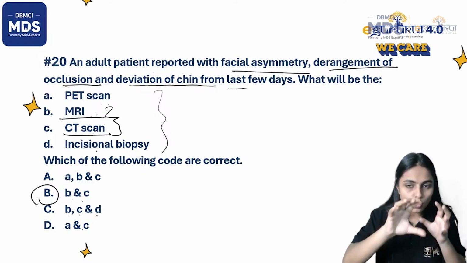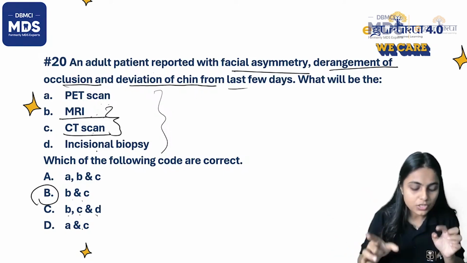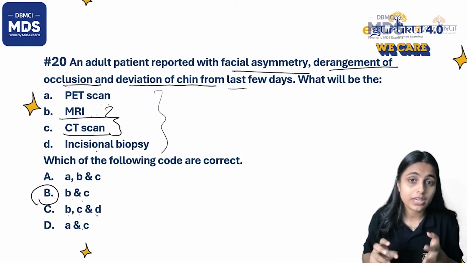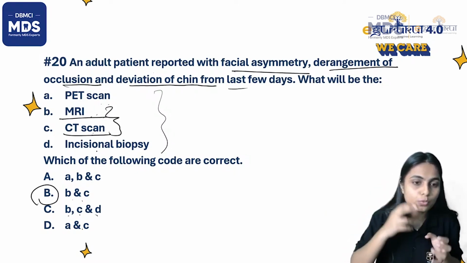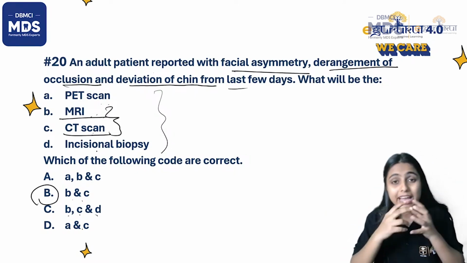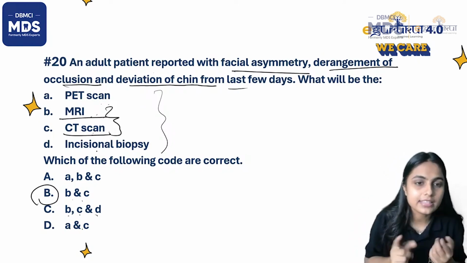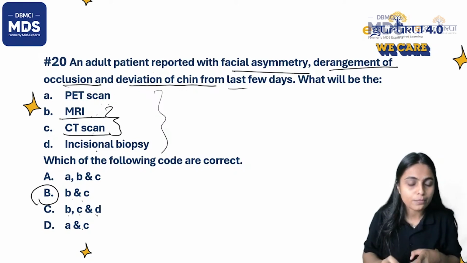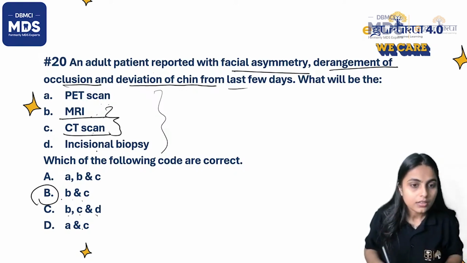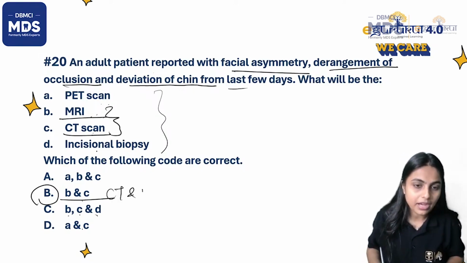But here, according to the features, this patient might have a fracture and soft tissue swelling. For soft tissue swelling you will advise MRI, and for fracture detection you will advise CT scan. So the correct answer for this question is option B, which is CT and MRI.